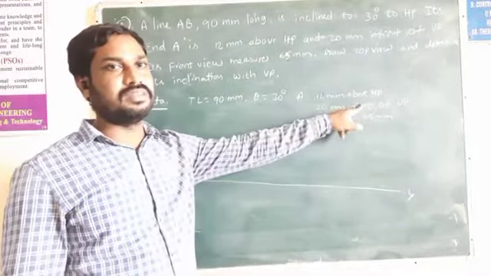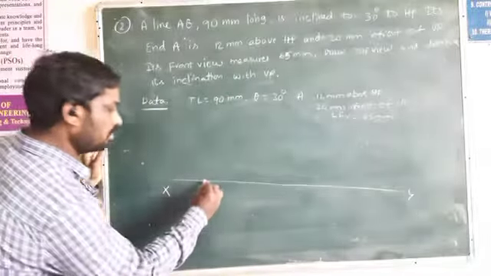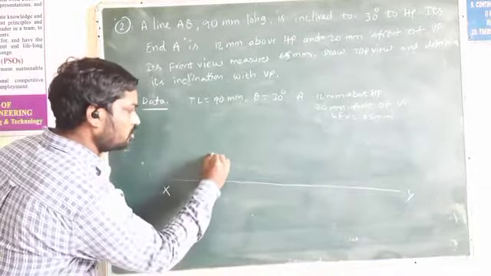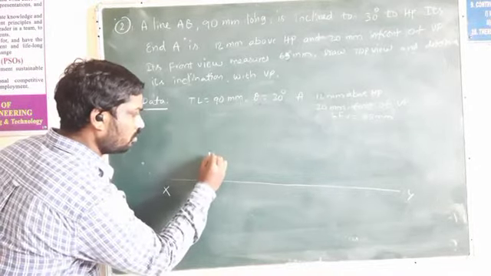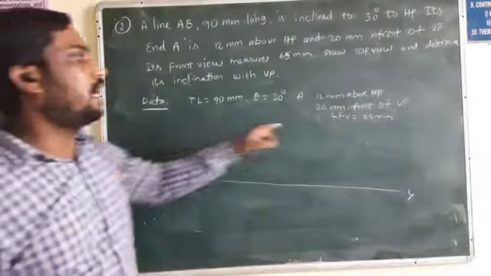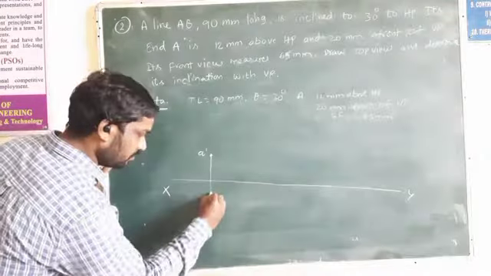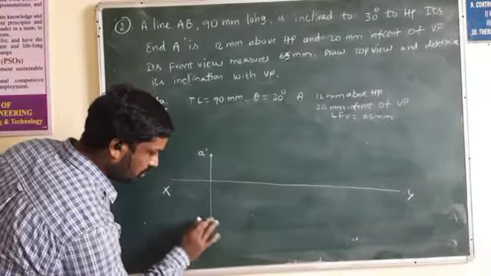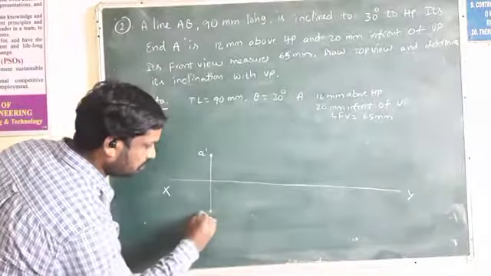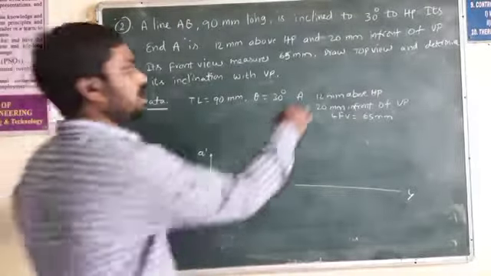First quadrant means above XY is the front view, below XY is the top view. Draw 12 mm above HP, this is A dash, 12 mm. And 20 mm in front means below XY, the top view. This is 20 mm. This is A. A dash and A. It is completed.